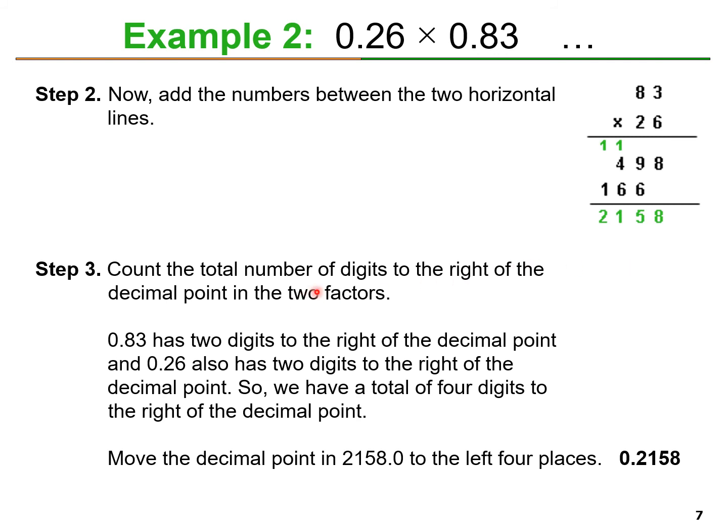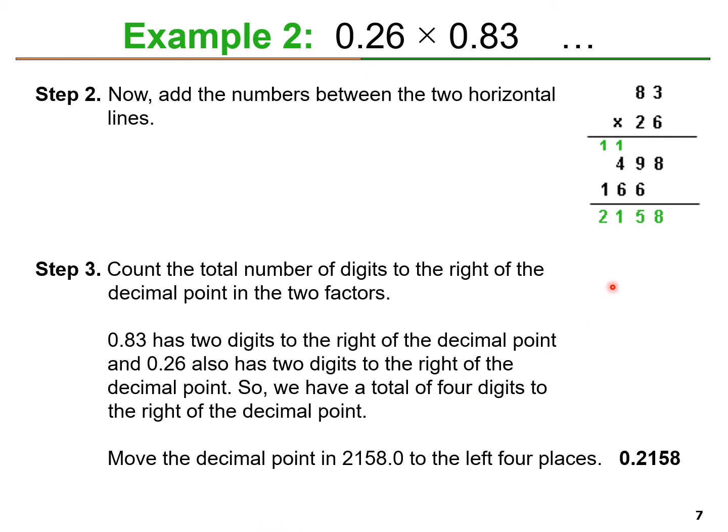Now we count the total number of digits to the right of the decimal point in our factors. Let's start with 0.26. 1, 2 digits to the right of the decimal point, and in 0.83, 1, 2 digits to the right of the decimal point. 2 plus 2 is 4. So we have a total of 4 digits to the right of the decimal point in both factors.